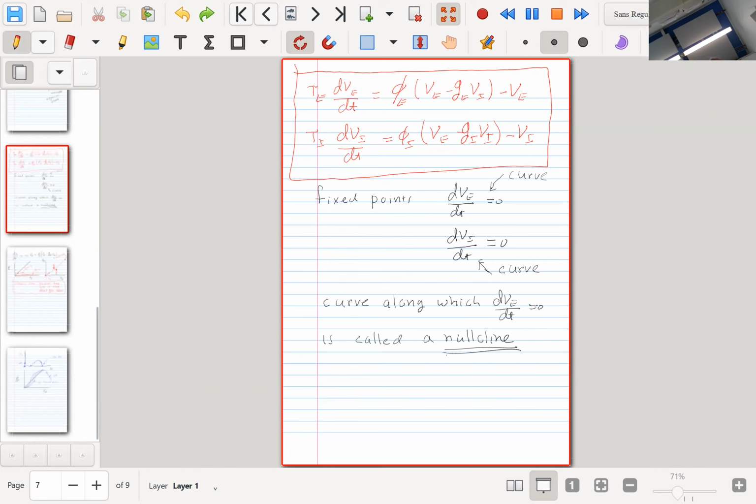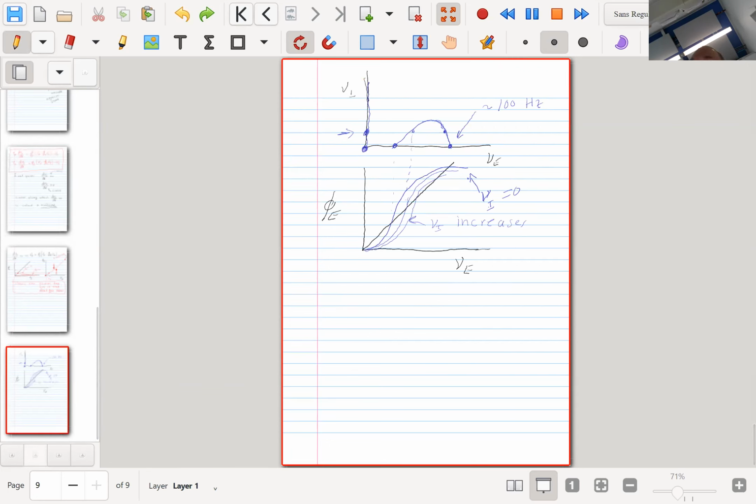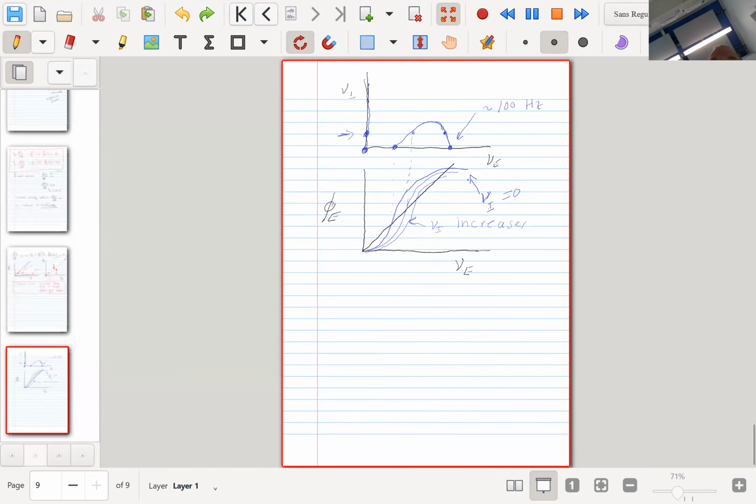So going back to here, we can now draw the dynamics. Here, we're pushed to the left. This is a stable fixed point. In here, to the right, and here, to the left. It's easy to draw these arrows because along the nullclines, d nu E dt is 0, so it's got to be positive on one side and negative on the other.